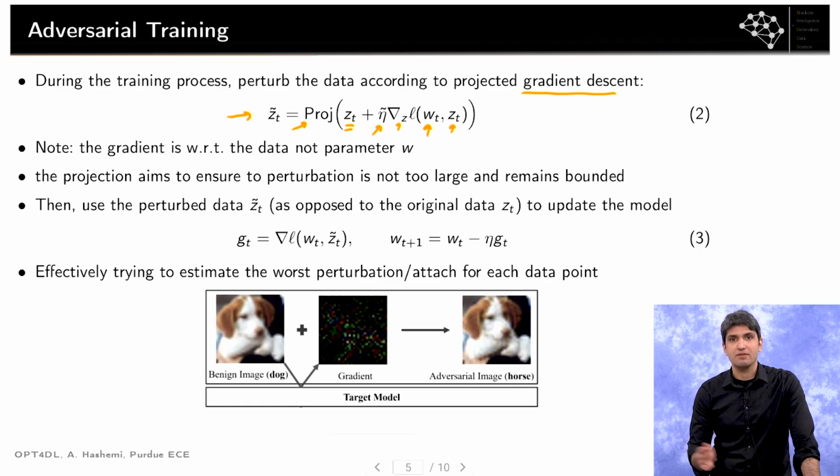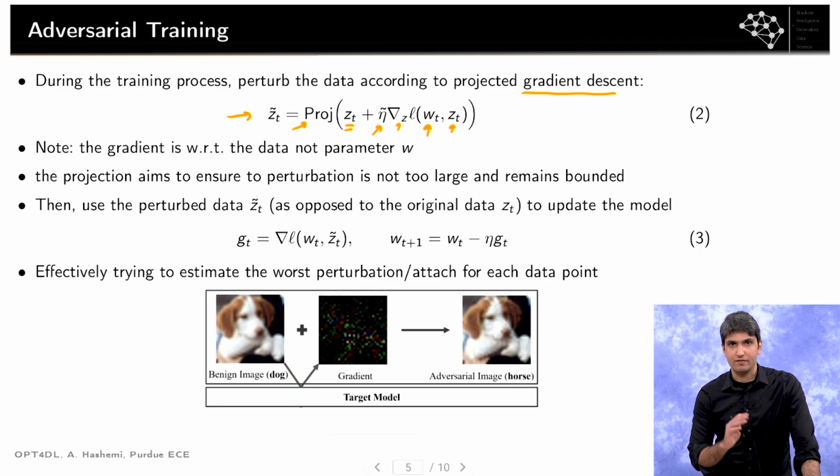And if that leads to a large perturbation, perhaps we want to apply some projection. For instance, that could mean that we normalize the image such that its norm is bounded by rho. So that could be a kind of projection.